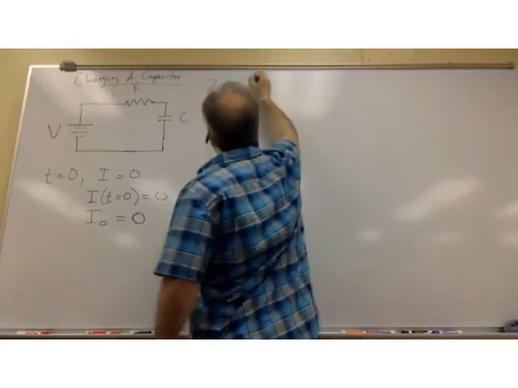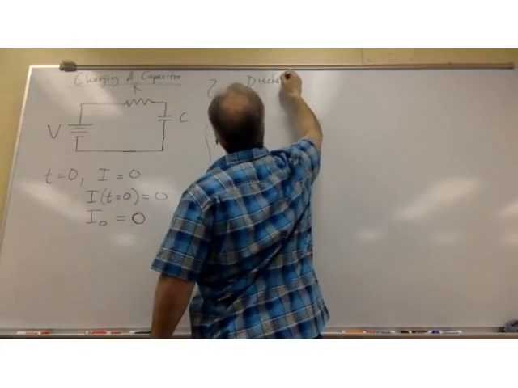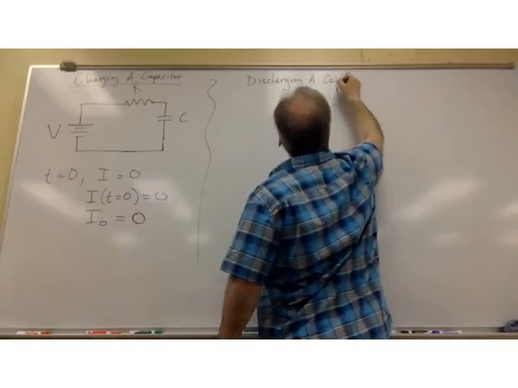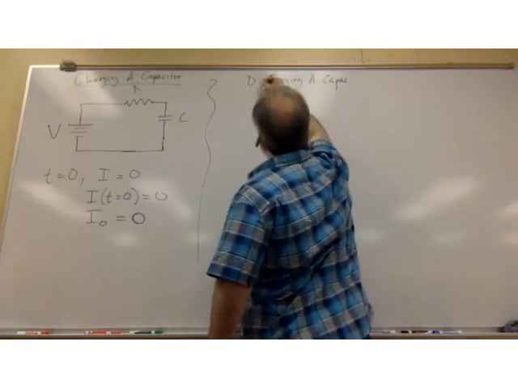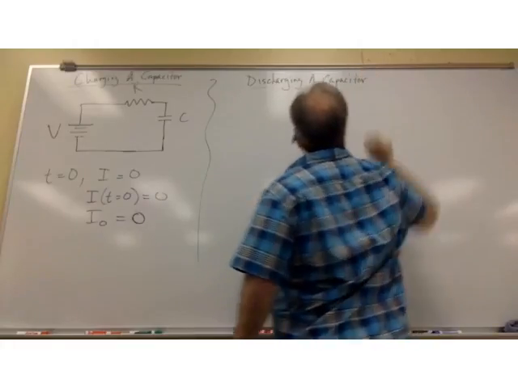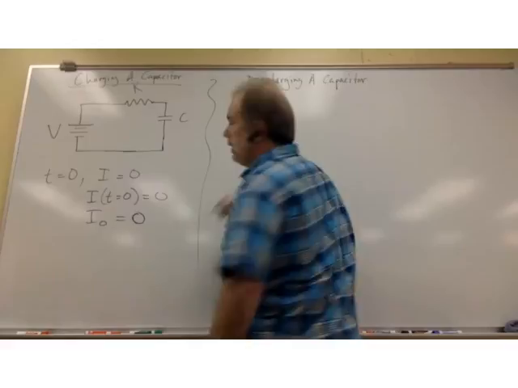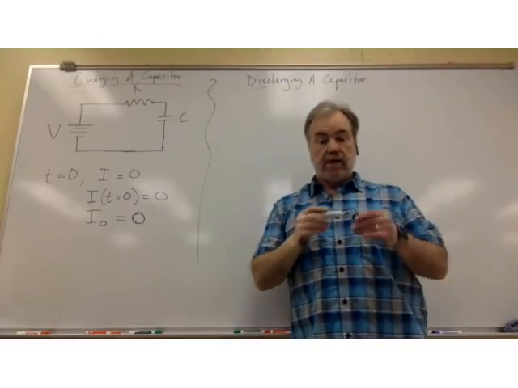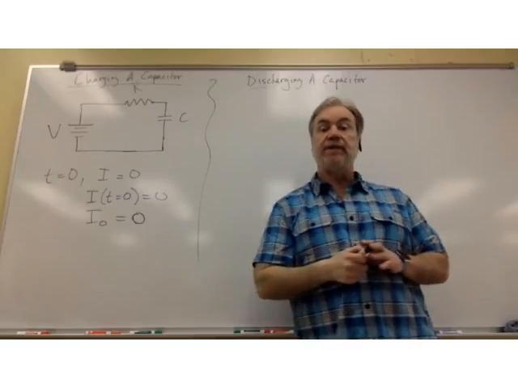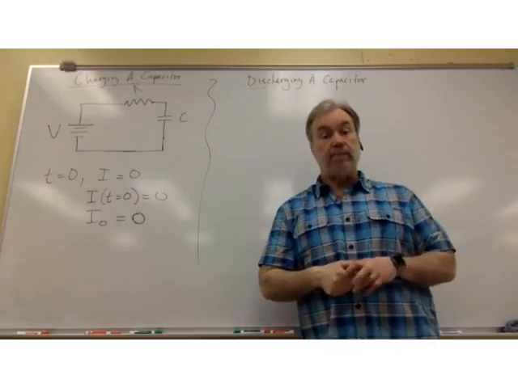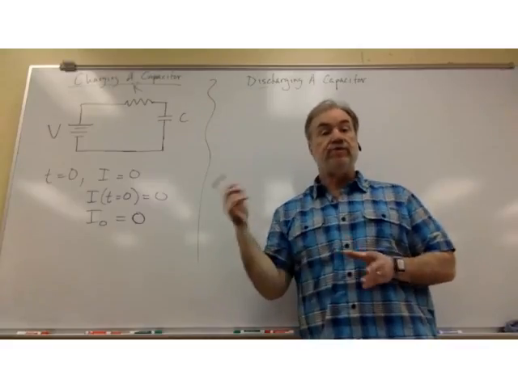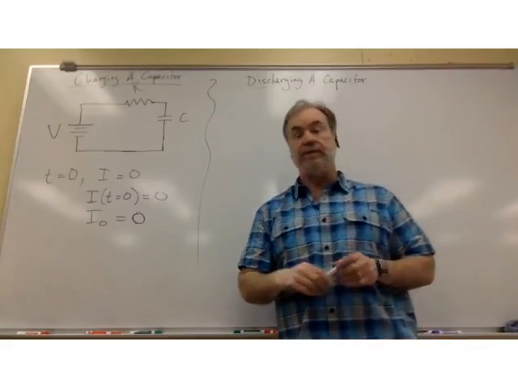Okay, let's look at the other side, which is discharging a capacitor. You'll remember, once the capacitor is charged, we can take the battery out of the circuit and attach the now charged, energized capacitor to the light bulb directly without the battery, and the light bulb will light because it's getting its current from the capacitor.